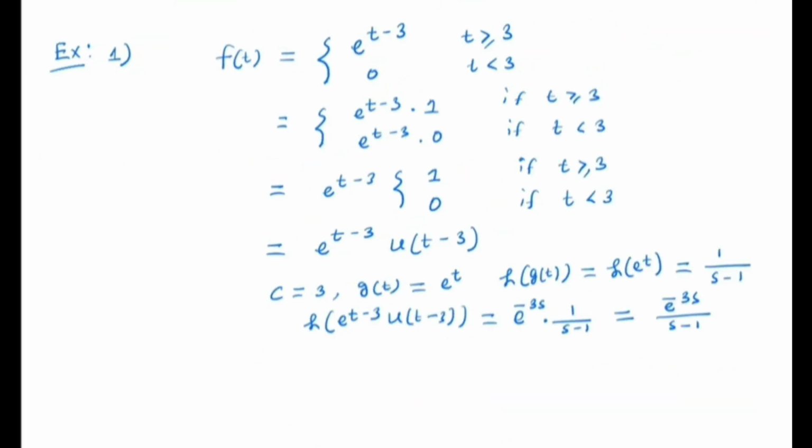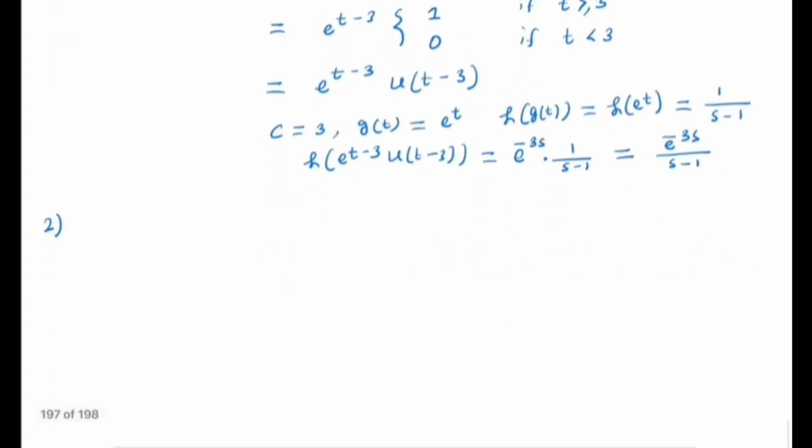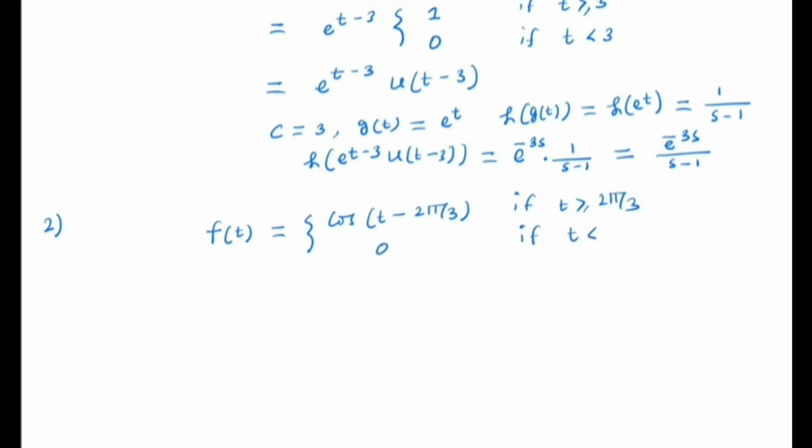Okay, now let us take the second example. We have to find the Laplace transformation of f of t, where f of t is cos of t minus 2 pi by 3 if t is greater than or equal to 2 pi by 3 and 0 if t is less than 2 pi by 3.